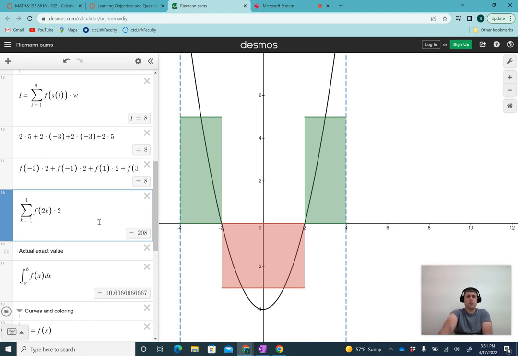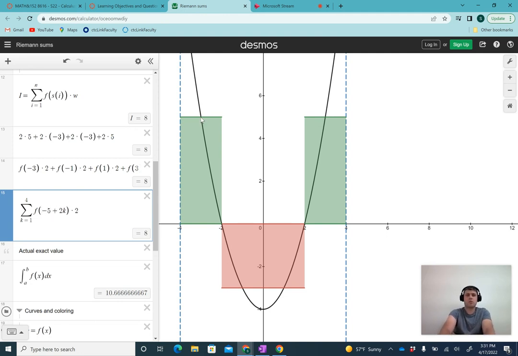Now, the starting point, though, see, if I plug in k equal 1 in here, I get 2. 2k, 2 times 1 is 2. But I want my starting point to be at -3. So how do I make that happen? Well, when k is 1, you get 2. So to get to -3, I add -5.